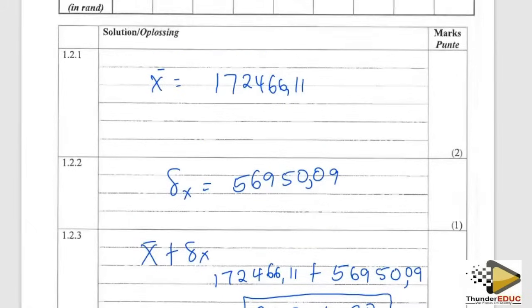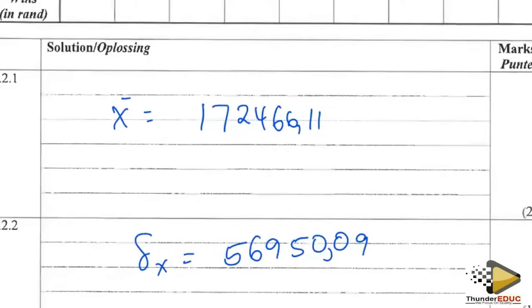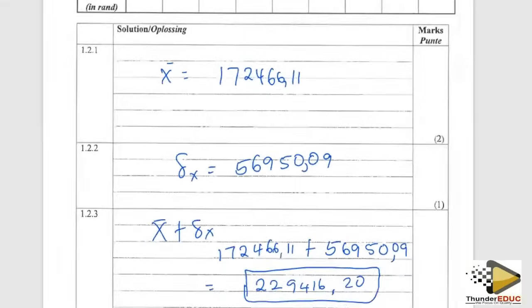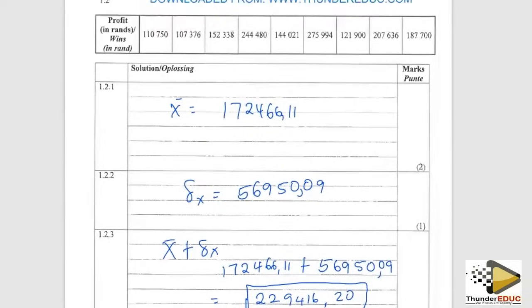So go back to the data. Let me just make this a bit smaller, so that I can see my data nicely. I think that's better. All right, so I need to look for amounts that are slightly bigger than 229. This is a no, this is a no, a no. 229, yes.